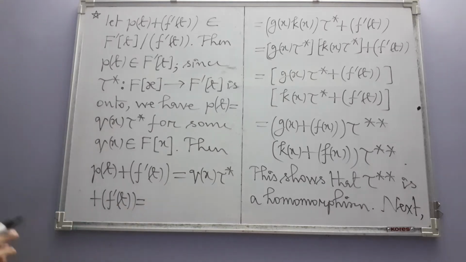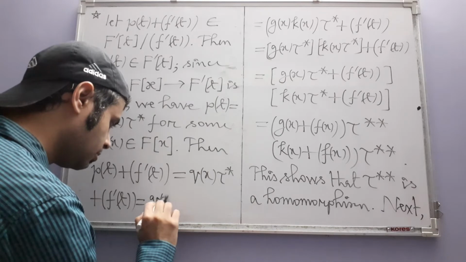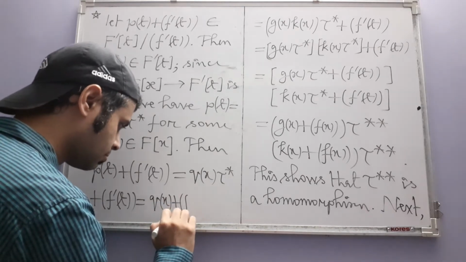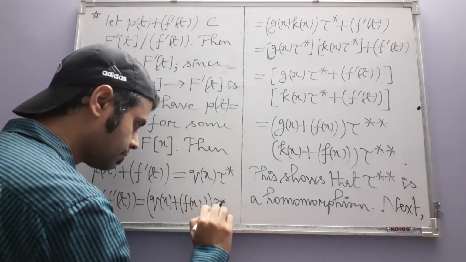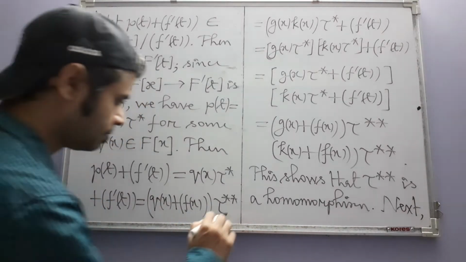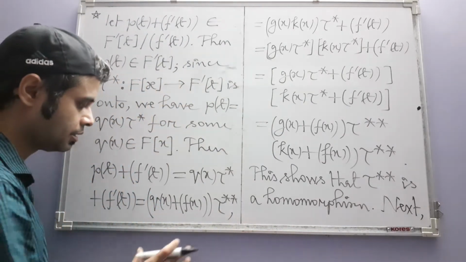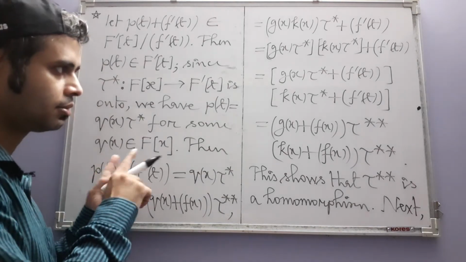So this now becomes the image of qx plus fx, this coset, under tau double star by the definition of tau double star, where let us also mention that this actually belongs to our domain of tau double star.